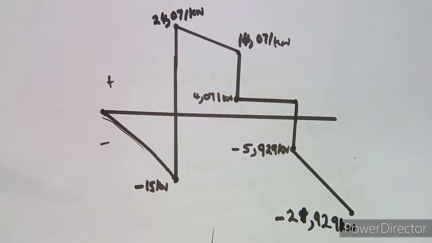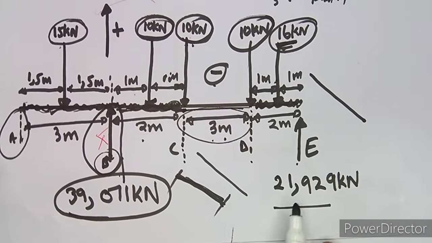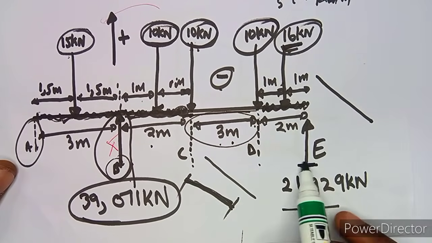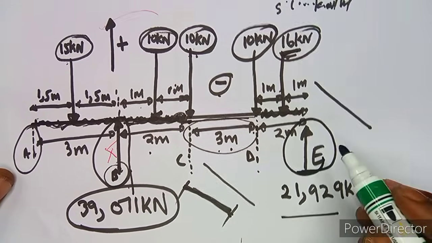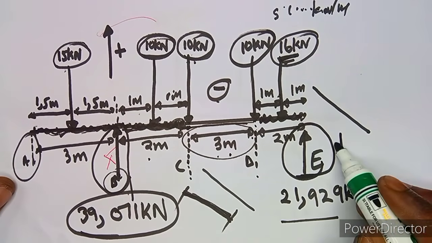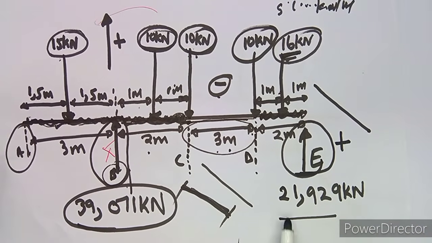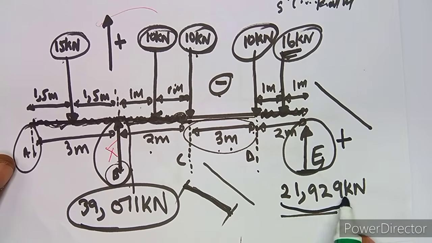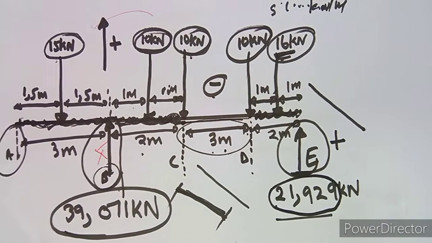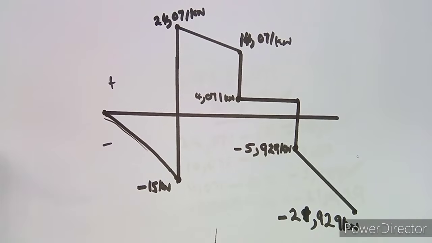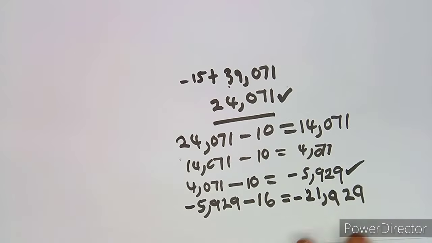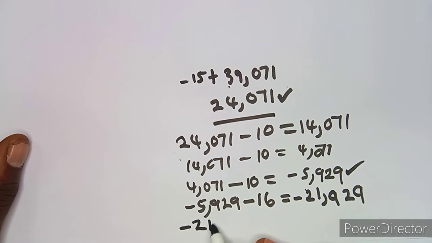What happens at the end, we now have E, which is a support, and the support is going upwards, and whatever goes upwards is a plus, so you add. So you're going to add to minus 21,929. If you add this, what is going to happen, guys? You are going back to 0.